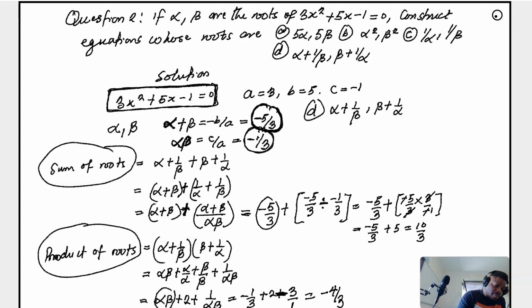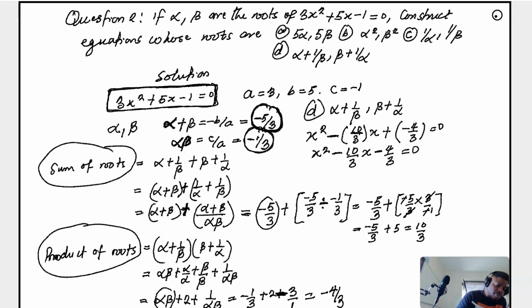But remember that if you are using the formula, that is x squared minus sum of roots, our sum of roots is 10 over 3, then x plus the product of roots, minus 4 over 3, equals 0. So this is x squared minus 10 over 3 x minus 4 over 3 equals 0.